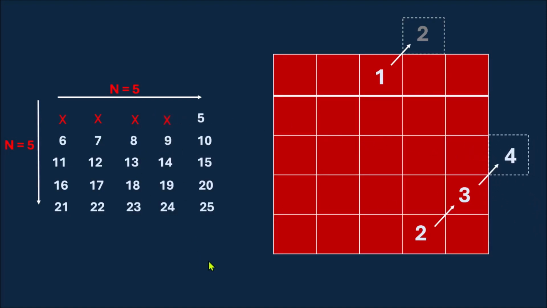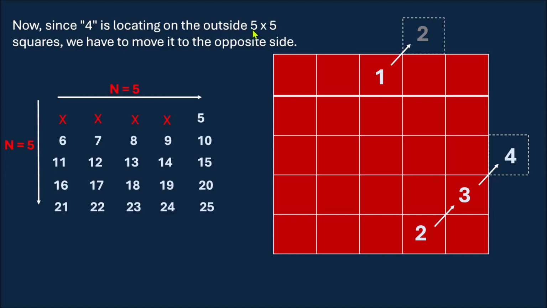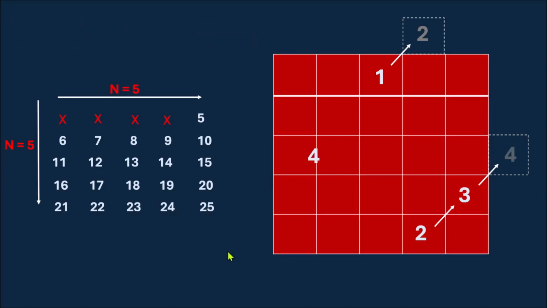This is the same rule, and it's positioned here, but there is one issue. Since 4 is located on the outside of the 5 by 5 square, we have to move it to the opposite side here. Now, let's consider 5. Based on our rule, the position of 5 is here.